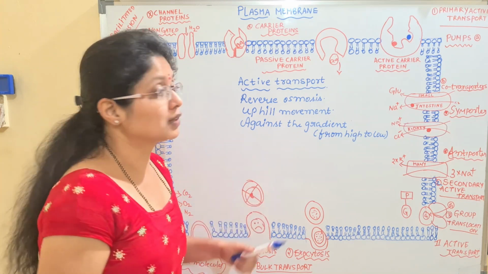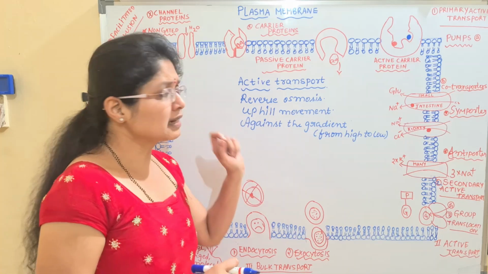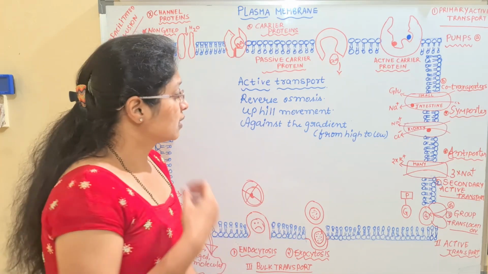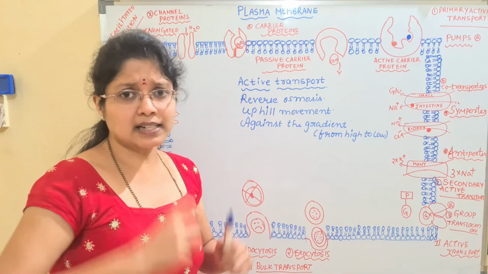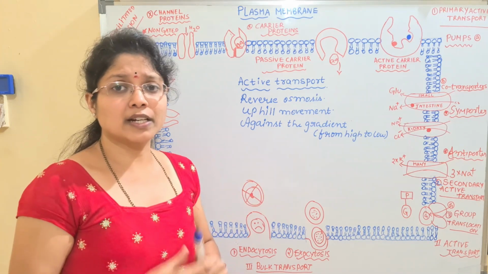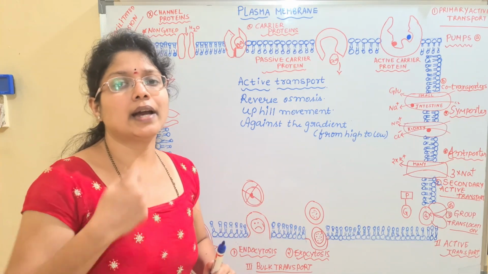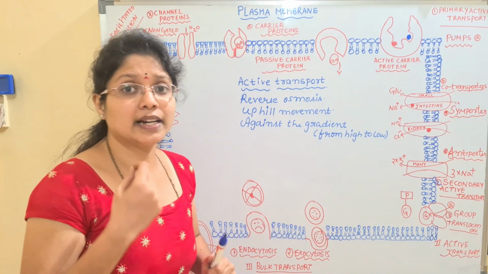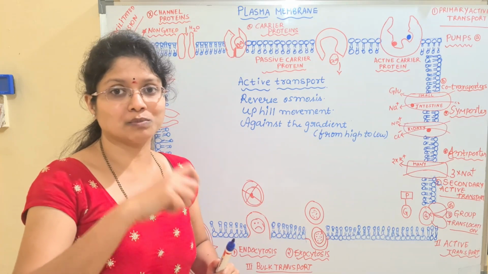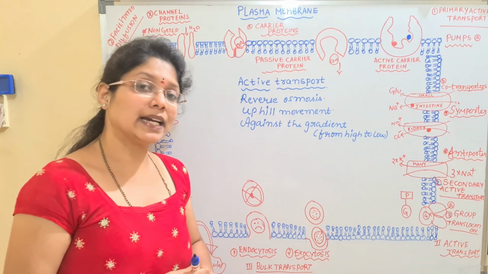But in the case of active transport, as they are building this gradient, which is the uphill movement, it is against the gradient, right? The molecules are not moving from higher to lower, they are moving from lower to higher. Then it requires additional energy, and this additional energy is sourced from the cell's energy currency, that is nothing but ATP.